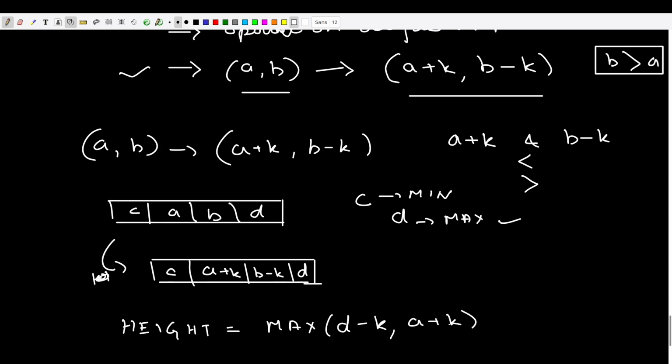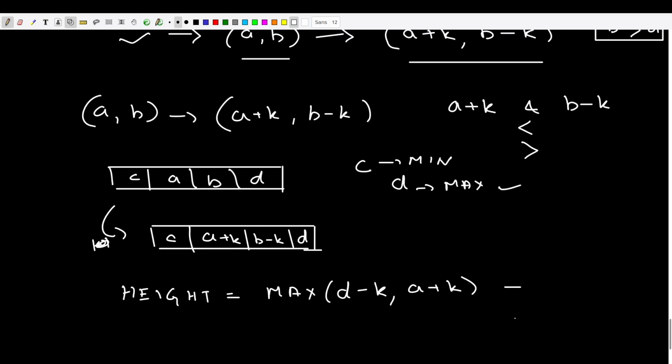Remember, a plus k, not b minus k, because b minus k means we are reducing b by k, so naturally it will be less than d. Here we are adding k to it, so it might become greater than d.